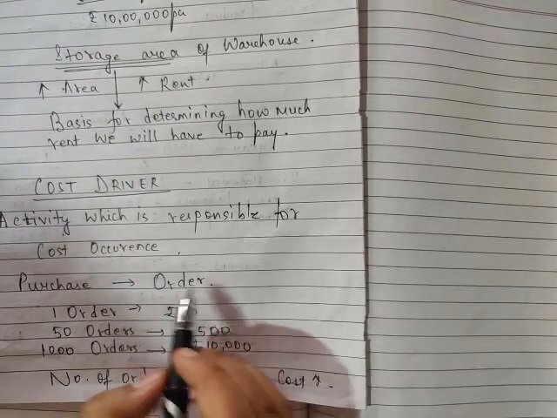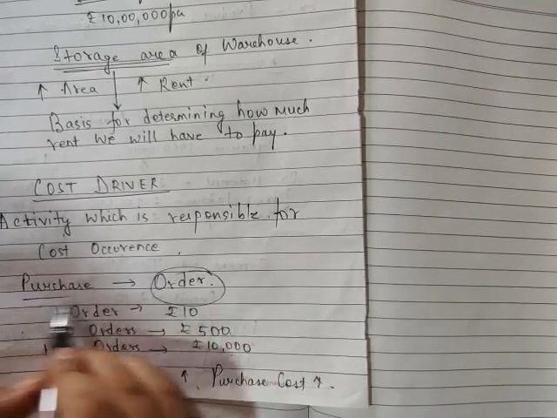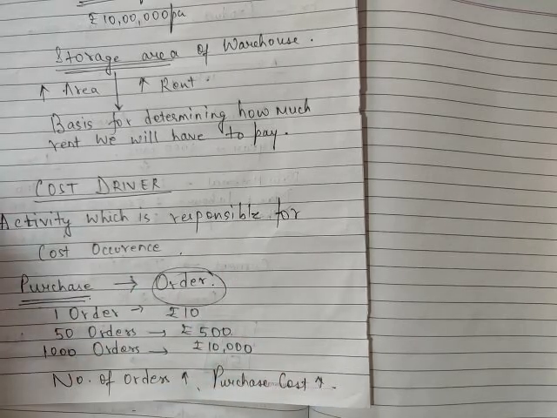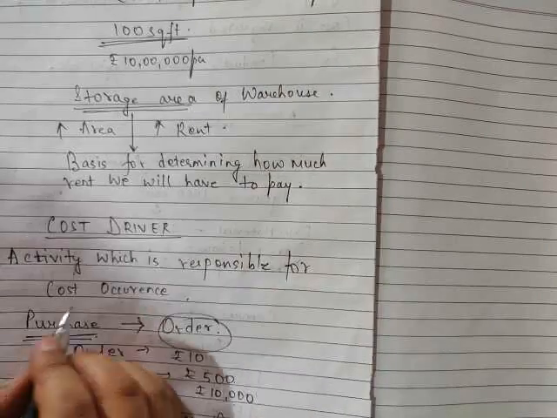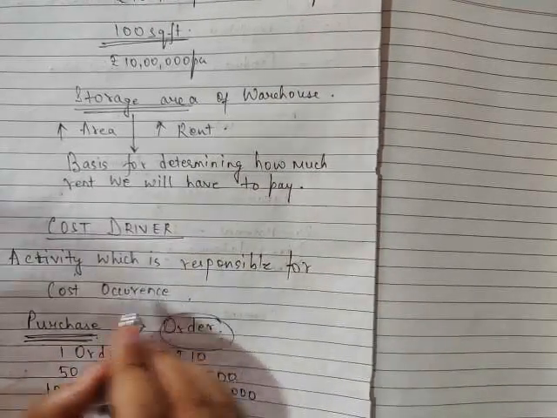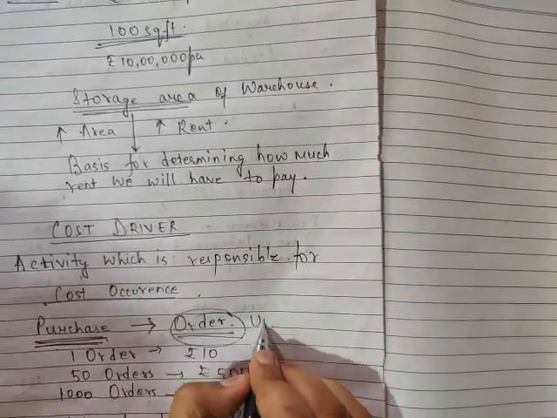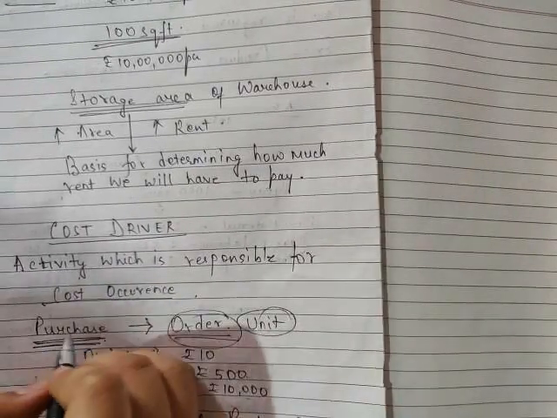So number of purchase orders is the cost driver. Purchase is the activity for which the cost is being incurred and order is the unit, that is the reason behind this increase.